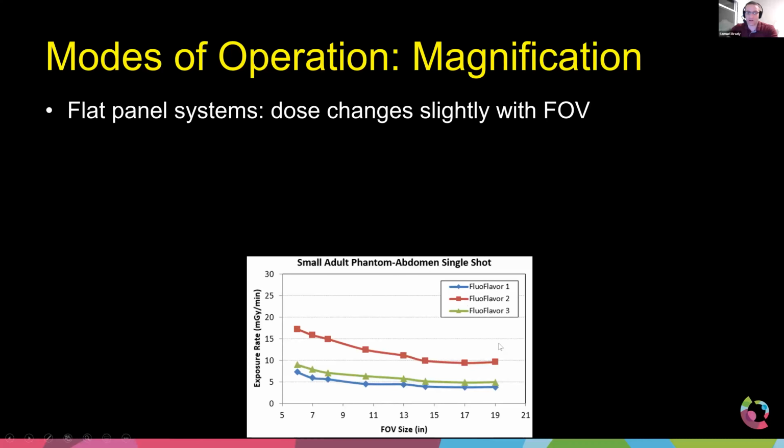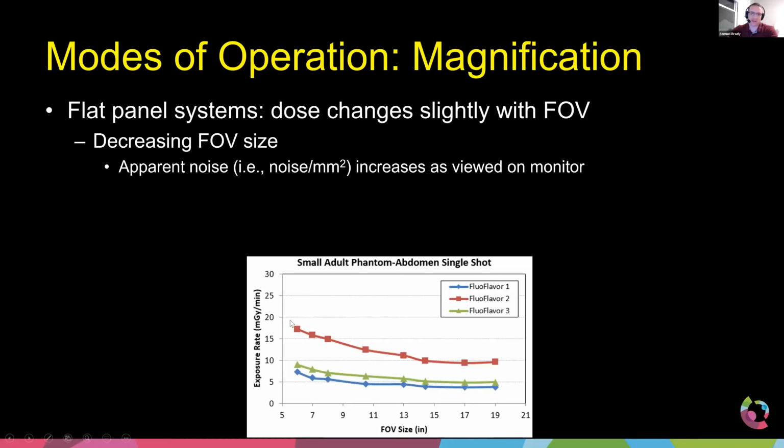So going from a larger field of view, here would be 30, 45 centimeters. In this case, it's listed in inches. As you go towards smaller field of views, the dose will increase slightly. It's not linear, it's not quadratic, it's this kind of awkward increase. So mathematically, it's mostly linear, but it's a very small change.